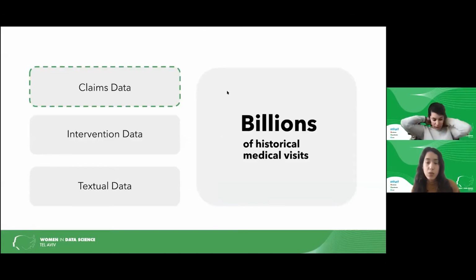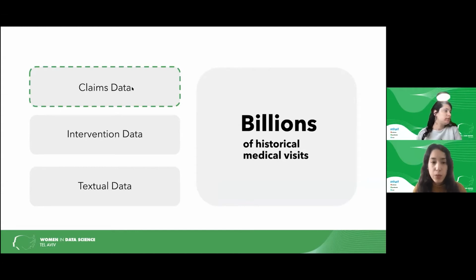At Diagnostic Robotics, we work with billions of historical medical visits' worth of data, which is a great potential for AI. The data we're working with to solve this problem is claims data. Claims data is pretty similar to what was discussed about EHR data. It's a form of administrative data.